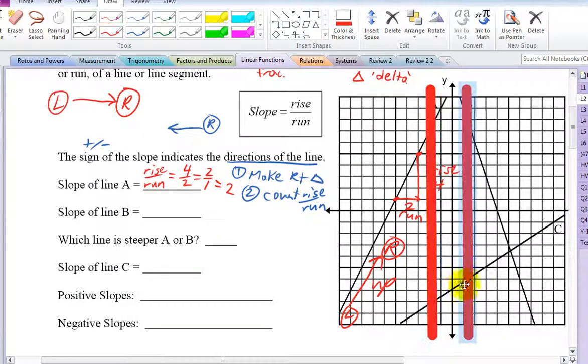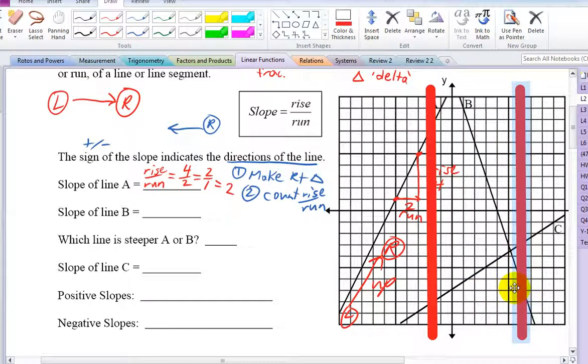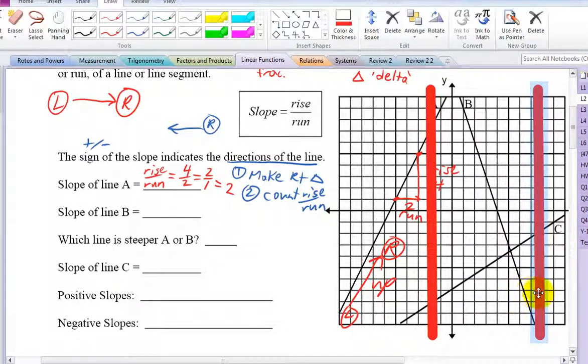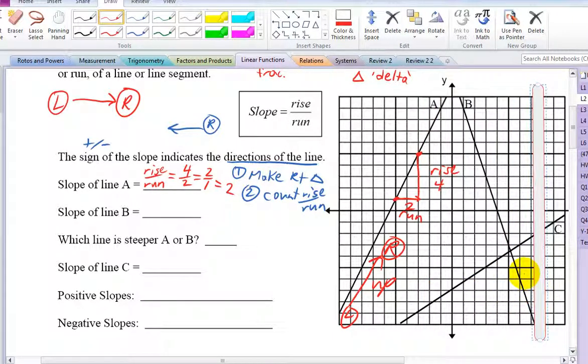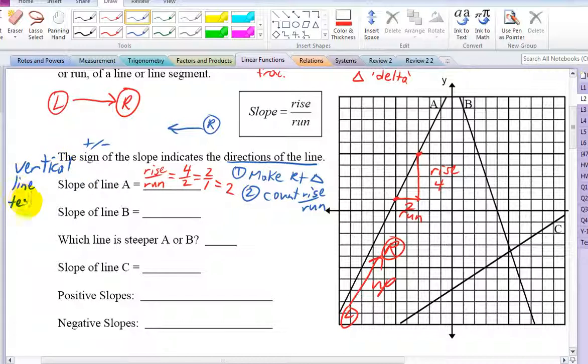Now you can take your pencil and put it on line B. Start on the left, move it to the right, and your line goes down to the bottom of the pencil. So you might see that sometimes. It'll be the vertical line test, and sometimes we'll call it the pencil test. Is your slope positive or negative?